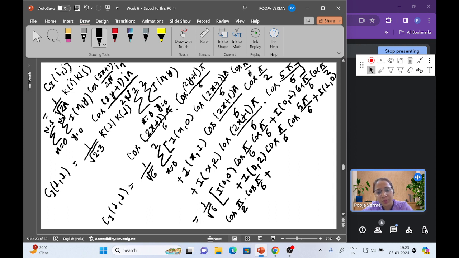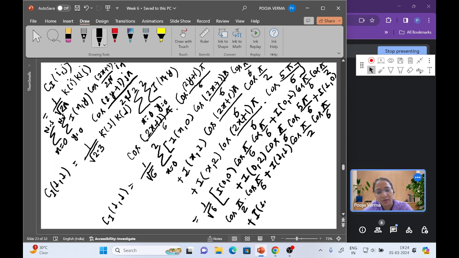Now we will put here x is equal to 1. So I 1 comma 1. Here we are putting x is equal to 1. So 2 plus 1, 3 pi by 6. Again cos pi by 2, cos pi by 6, right? Then move to the last one.